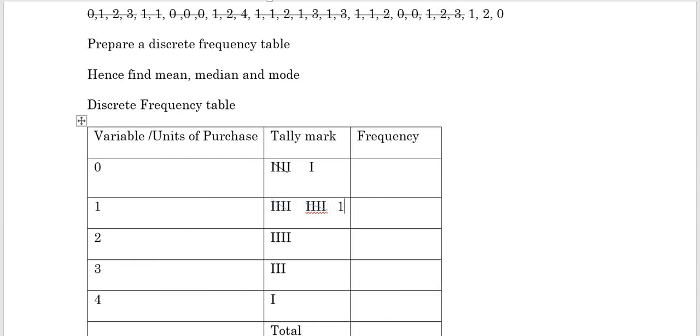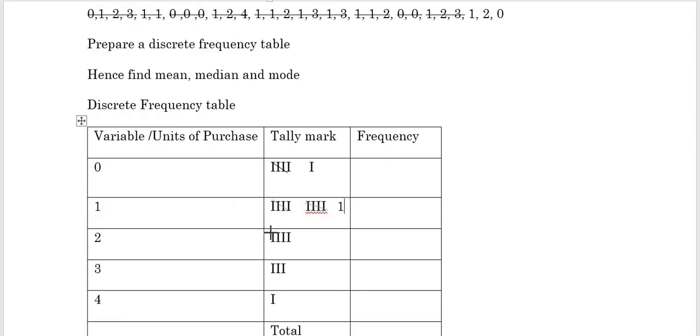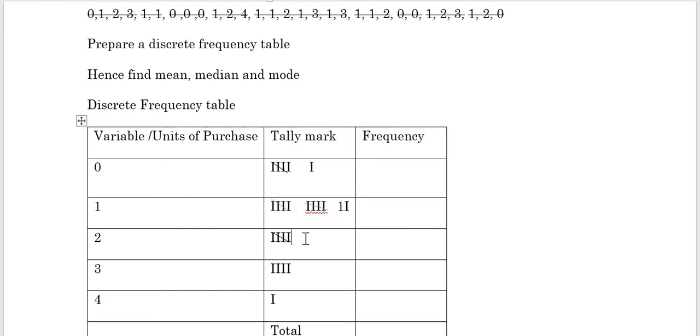For 2, it should be a cross tally. 1, 2 and 3. 3 gets its fourth tally. 1, 2, 3 done. The last three numbers are 1, 2 and 0. That's it.